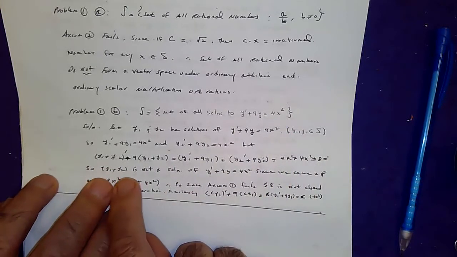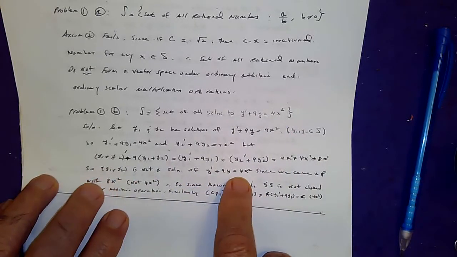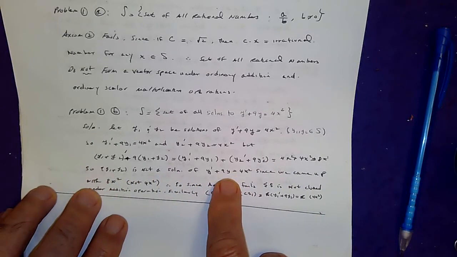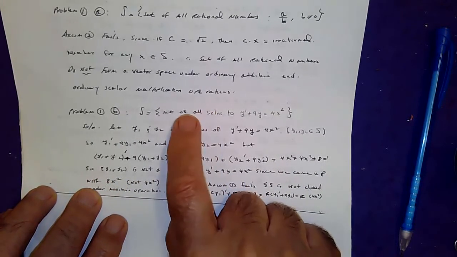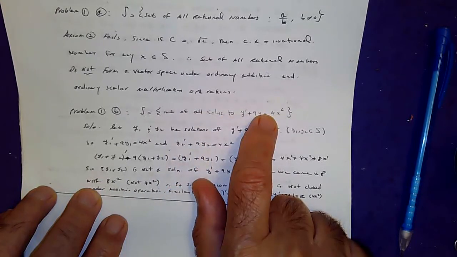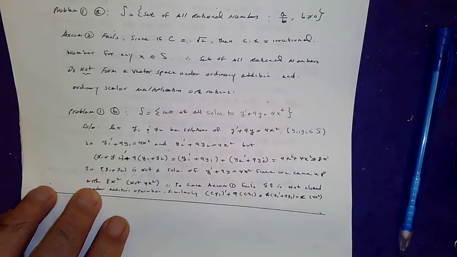So therefore, y1 plus y2 is not a solution of this differential equation. In other words, axiom number 1 failed. Therefore, the set of all solutions to this differential equation does not form a vector space. Thank you.